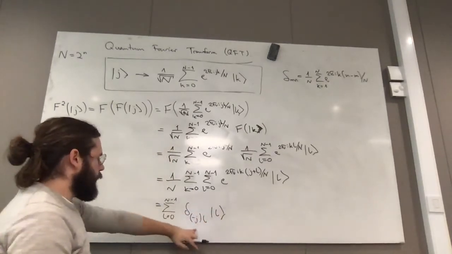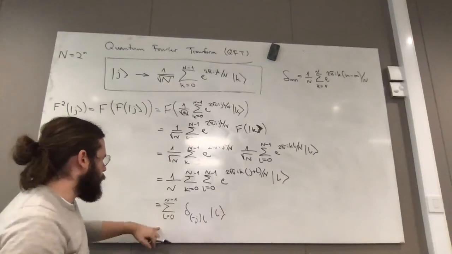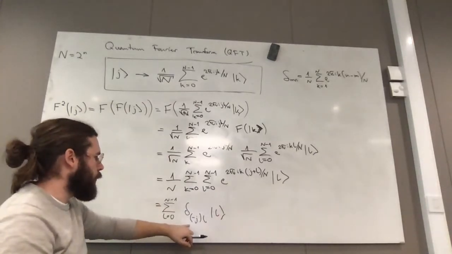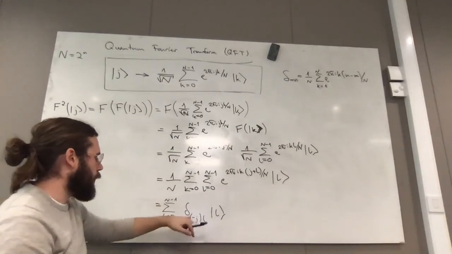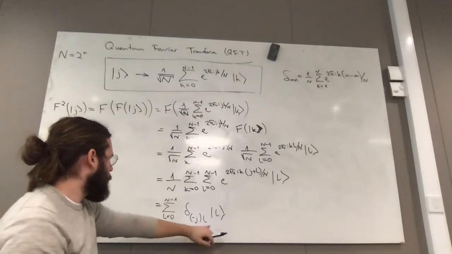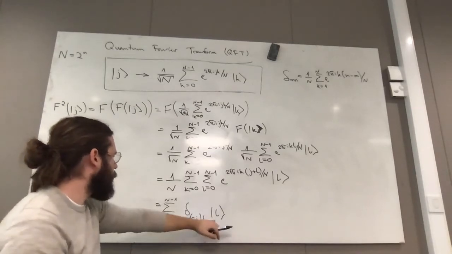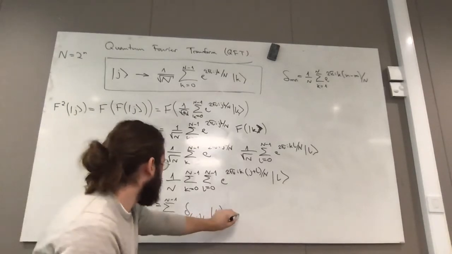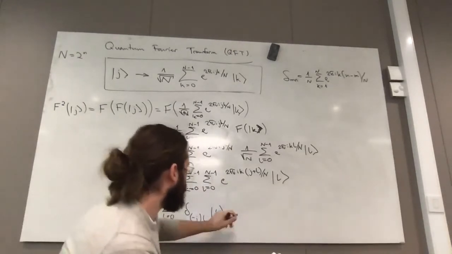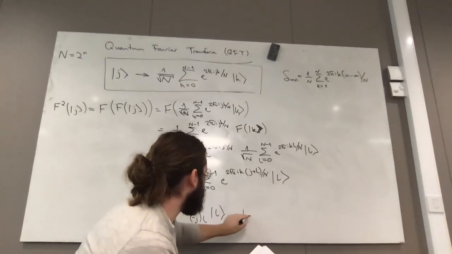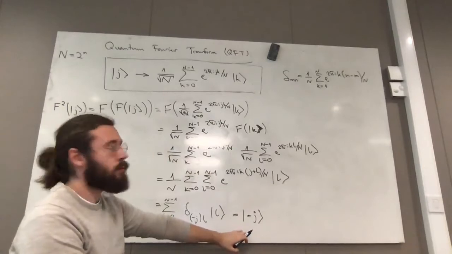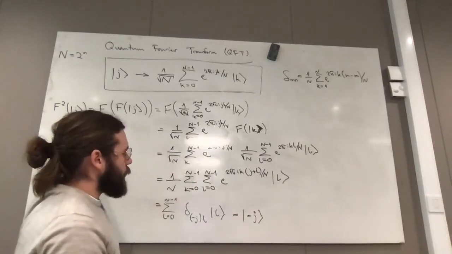The way Kronecker deltas work, of course, is that when you sum over all possible values, you are just left with the ones that are equal to 1, and all of the ones that are equal to 0 disappear. So L becomes equal to minus j. You now have a state minus j as the output, where j was the input.